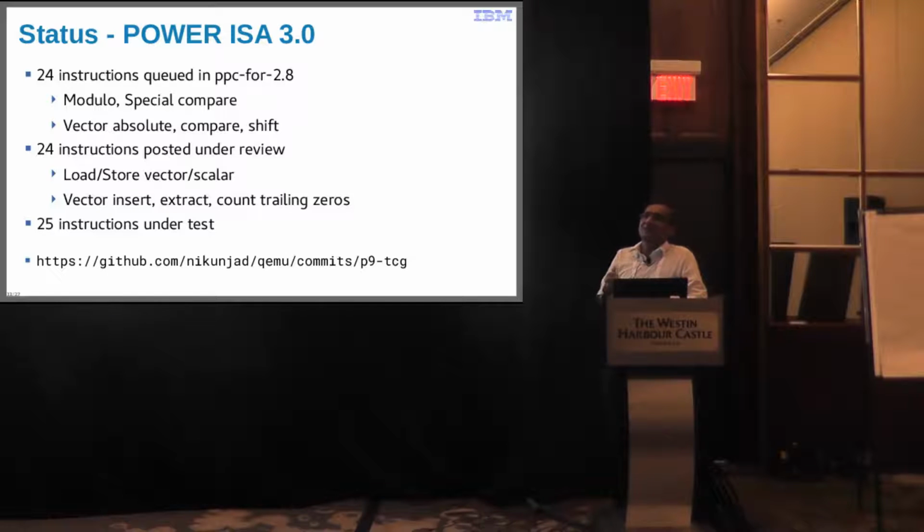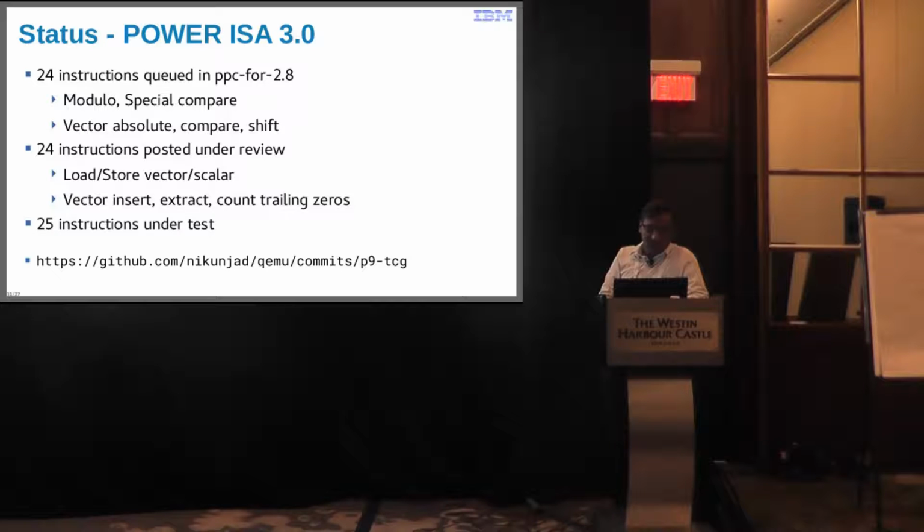In TCG, we don't have 128-bit loads, so we are finding trouble there. We have to split the load into two and do it. That is something we would like to add as well. There are many instructions that I have under testing, and that's the working link that I have right now.